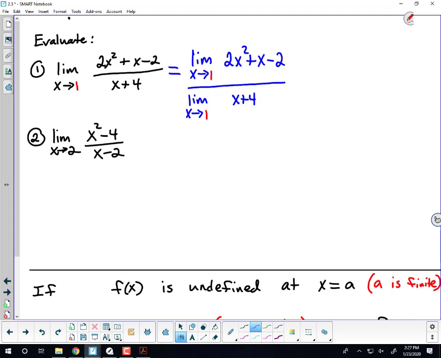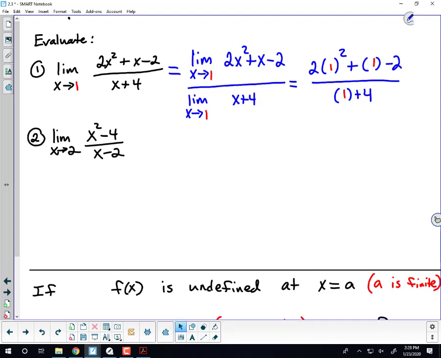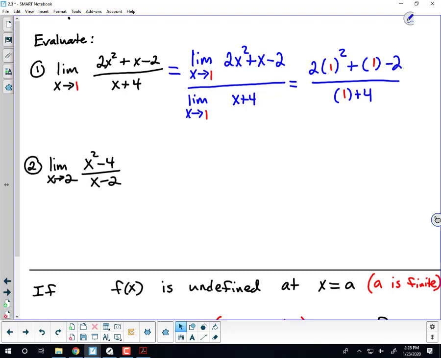So now we're just computing the limit of a polynomial divided by the limit of another polynomial, and we know how to handle those. We just plug 1 directly in for x on the top and 1 in for x on the bottom. And then we evaluate that. So we have 1 over 5.